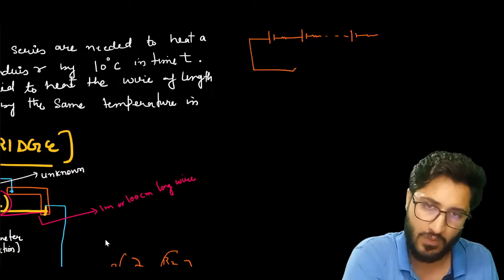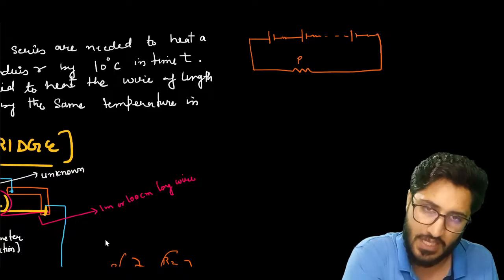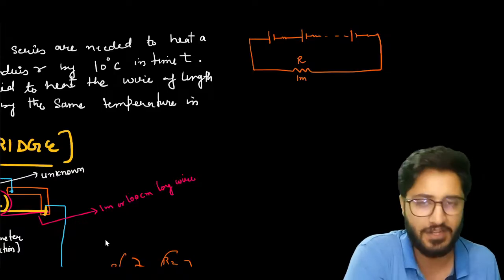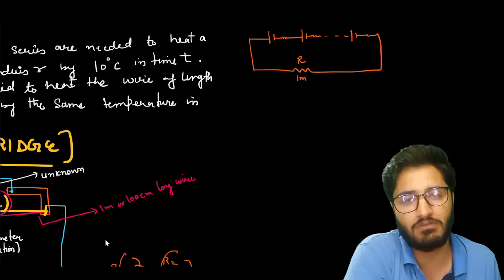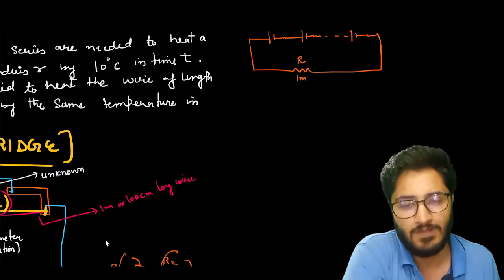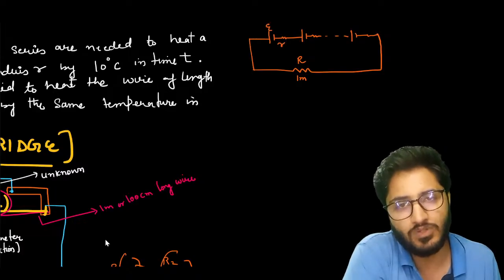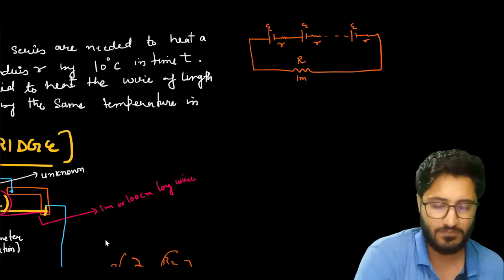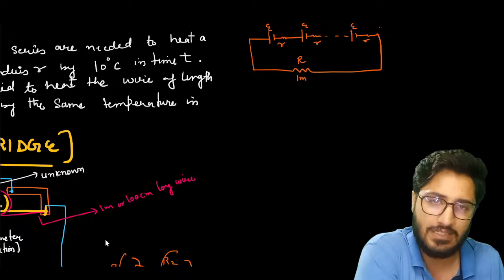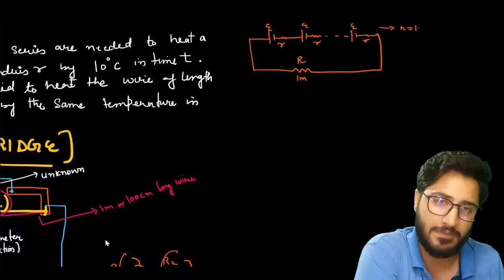And we are having a 1 meter rod, something like that. Its resistance is R, length is 1 meter, and radius is R. And these are identical, so EMF is E, internal resistance is r. Done. And cells are given as N is 10.